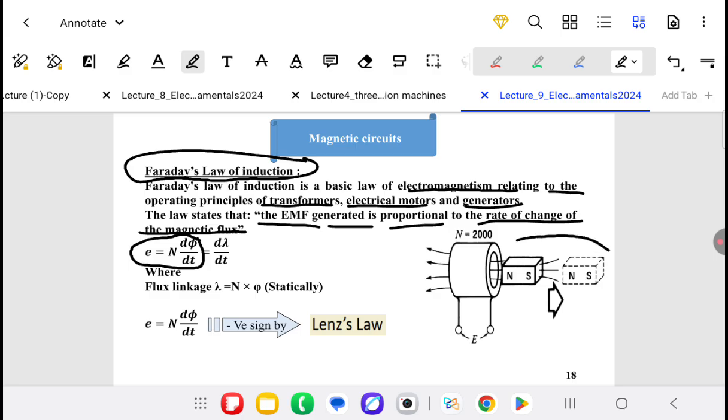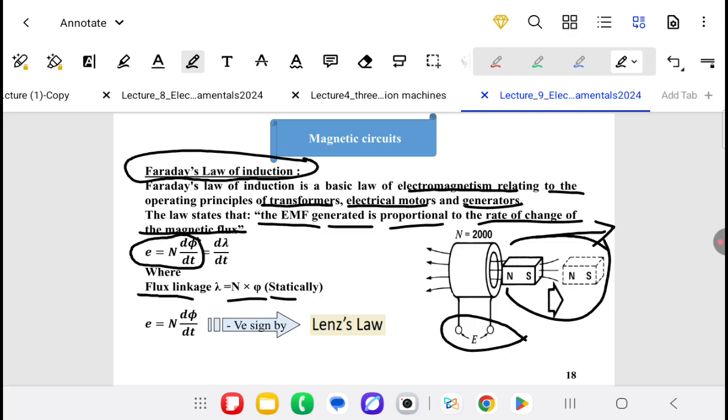Here we can see that the magnet, north and south, is moved to the right side to produce a flux that is changing. Then at the terminals of this coil we will see an induced EMF due to the changing flux. We have a term called flux linkage, which is equal to the number of turns times the flux, which represents the number of flux lines that link the n turns of a coil with each other.